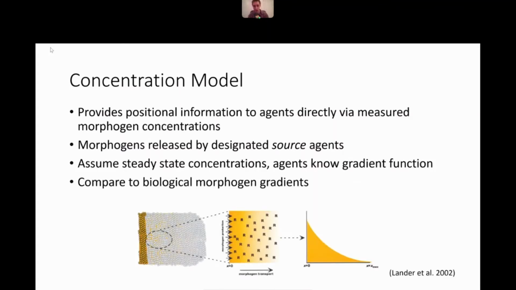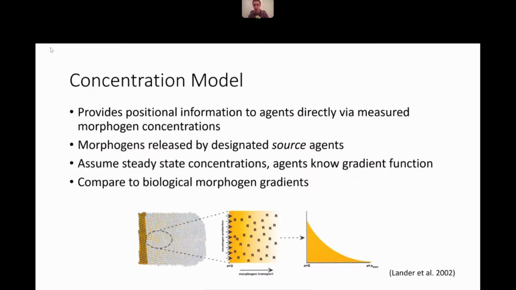Here you can see an example of this. We have a set of cells on the left here, and on the far left side are the source agents.